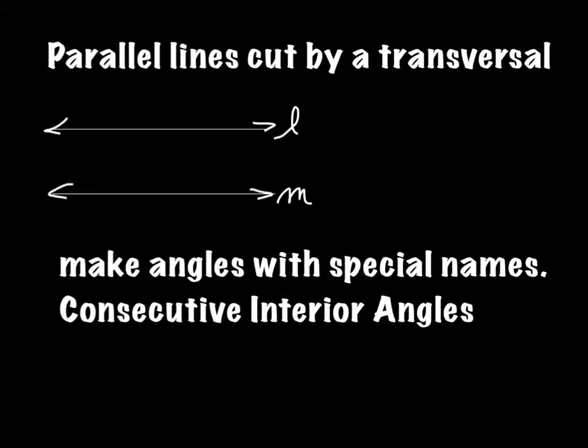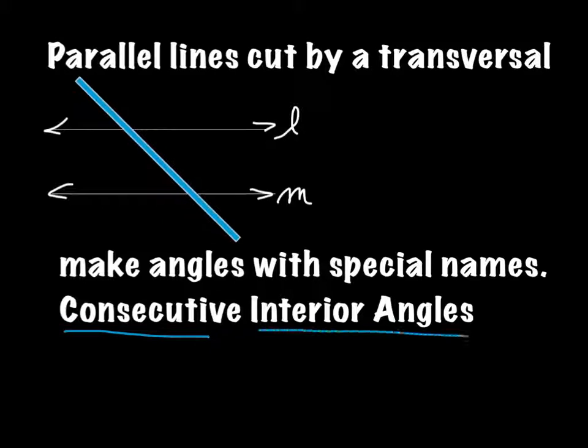When we have the transversal piercing through two parallel lines, we also have another set of special angles called consecutive interior angles. Angles 1 and 2 are different sized angles. They are not necessarily the same, but one thing that is always true is that they will add up to 180 degrees.